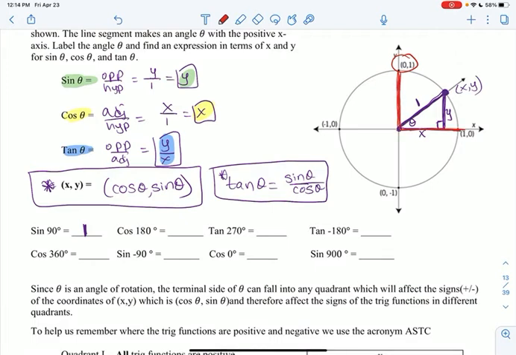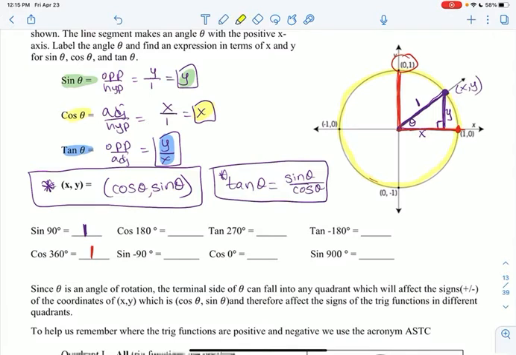And sine is equal to the y, so sine of 90 is 1. The cosine of 360: well, 360 starts here. I'm always going to start here, and I'm going to go all the way around. If I start here and go all the way around, I'm going to wind up back at the beginning again. And cosine is my x, so cosine of 360 is 1.